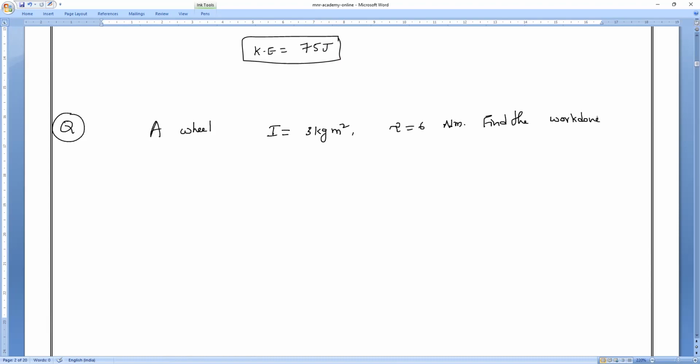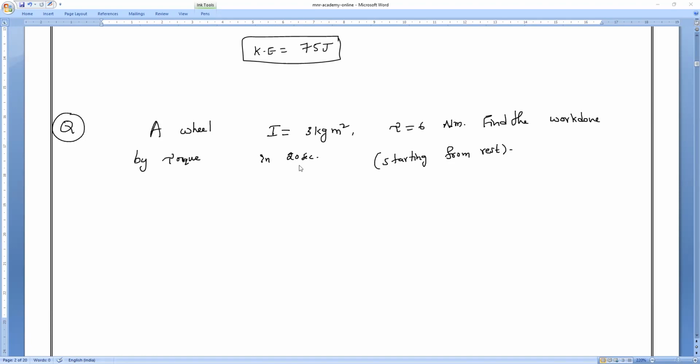Find the work done. Now I am going to introduce in this concept the work energy theorem, so you have to be very careful. Find the work done by the torque in 20 seconds, where it is starting from rest.